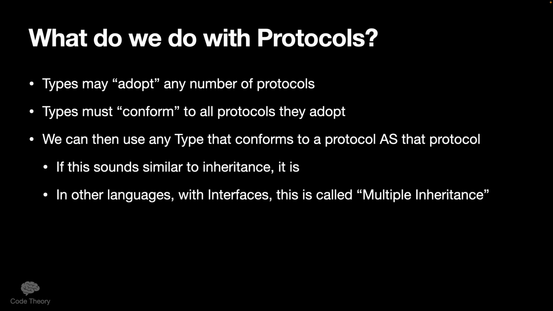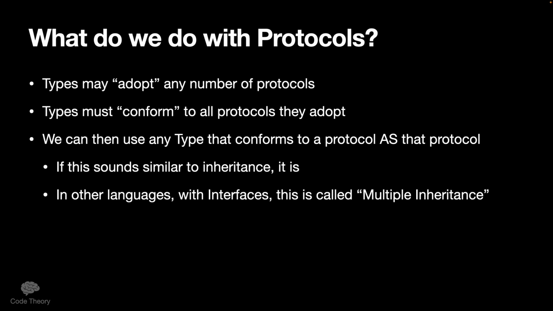Anytime we have a type that conforms to a protocol, we can then use that type as the protocol. I mentioned you can't ever call init on the protocol type, right? You can't say, oh, my protocol, open parentheses, close parentheses, I've created a protocol instance. That's not a thing.